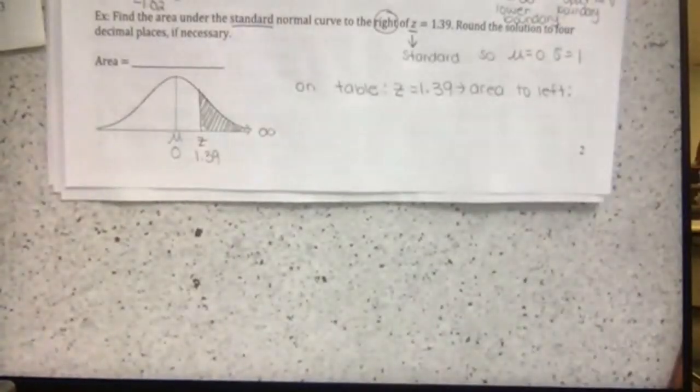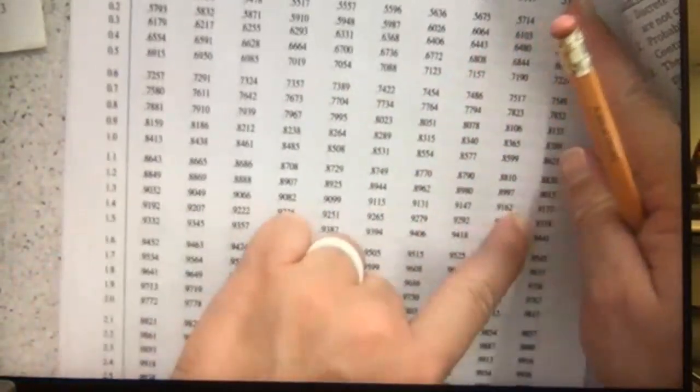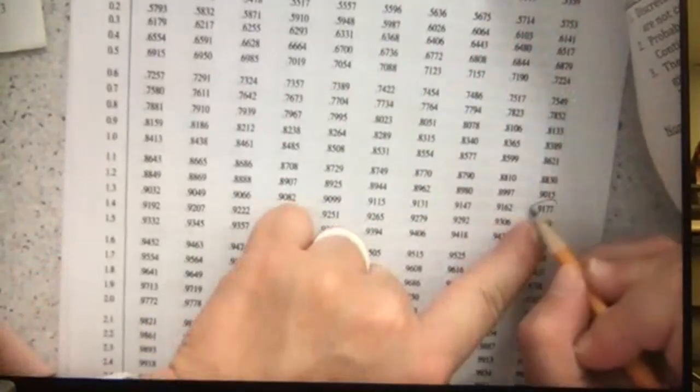So on the table, we're going to look for when z is 1.39, and that'll tell us the area to the left. When z is positive, we're going to go down to 1.3, and over to 0.9, and that will give us 0.9177.